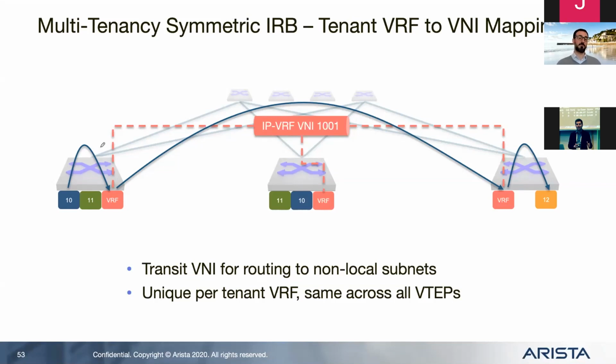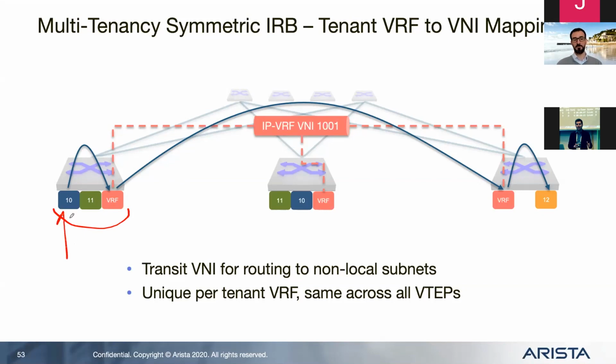The L2 VPN provides the L2 reachability, and the L3 VPN provides the prefix, the IP address information, the subnet information. The route type 5 is going to provide the routing information needed to reach the subnets that are not locally present on the original VTEP, on the VTEP at the origin.